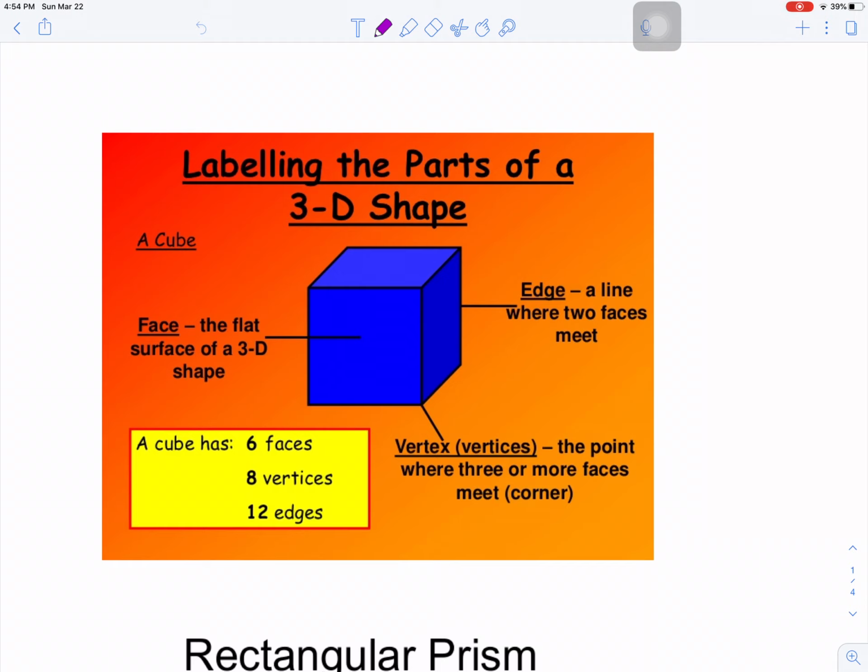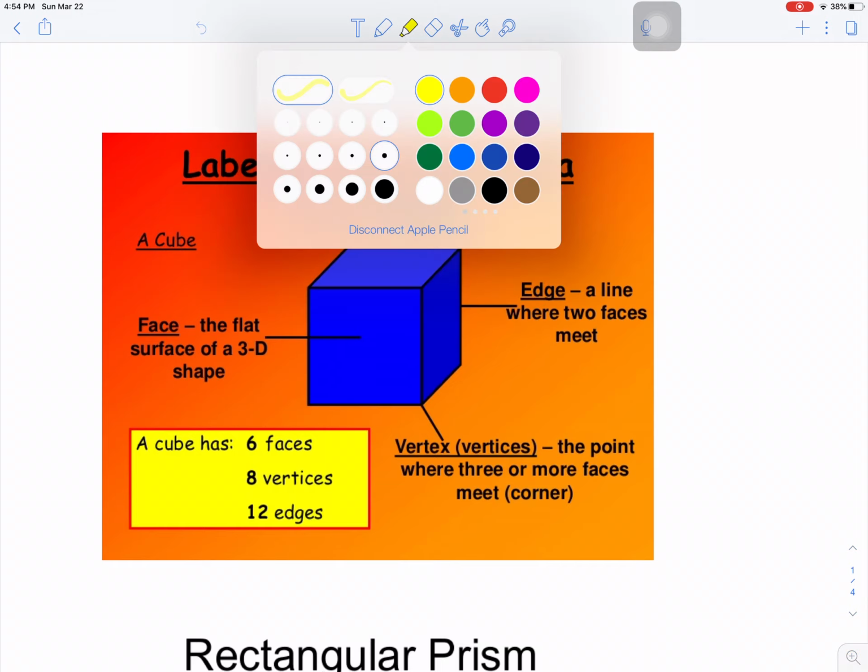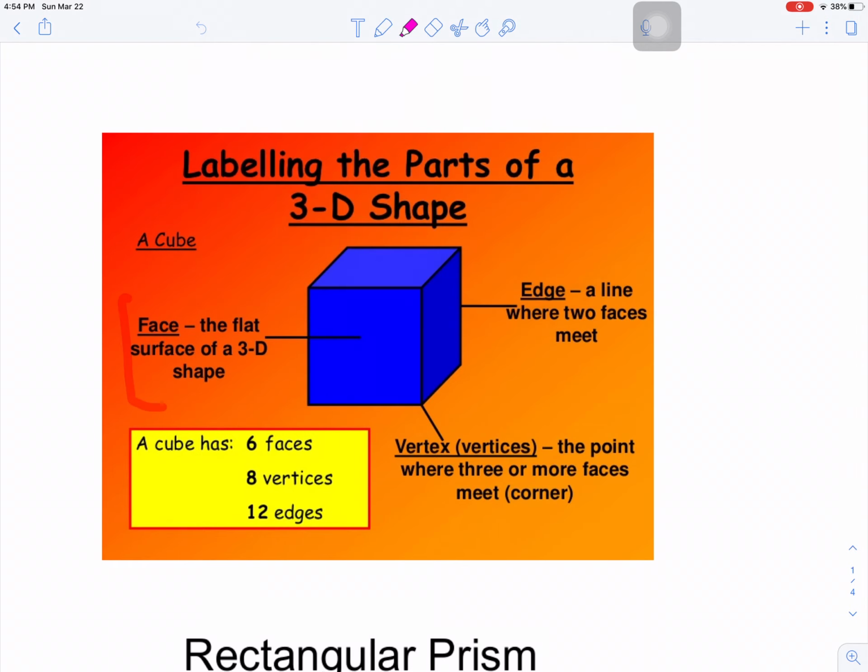A three-dimensional shape has some important parts that I want you to be aware of. They have faces. The faces of the figure are the flat surfaces of a 3D shape. They're all in a plane.